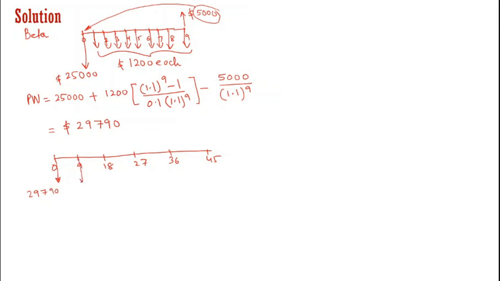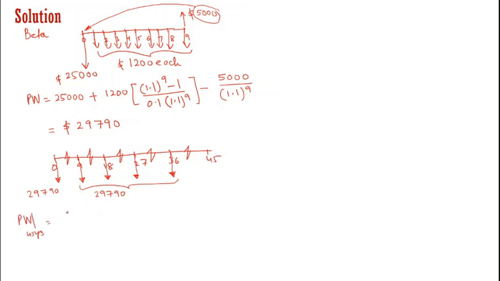The same transaction will be there at the end of the 9th year, another one at the end of the 18th year, then 27, then 36 is the last one. So again, all these transactions are of 29,790. Why? Because we are using the repeatability assumption. Of course, these end of years are not continuous. So if I treat every transaction except this 0 as a future transaction, I can compute the present worth for 45 years.